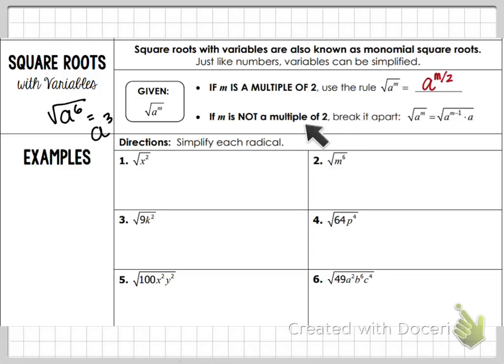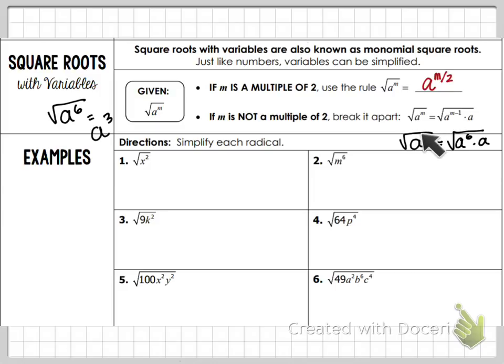If it's not a multiple of 2, so if this was a 7 or a 9 or some other odd number, we're going to break it apart. This is probably a little bit confusing, but if we had something like a to the 7th, which is not a multiple of 2, we're going to say the square root of a to the 6th times a.